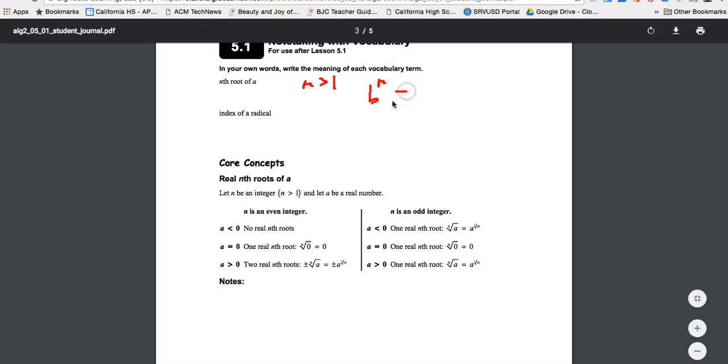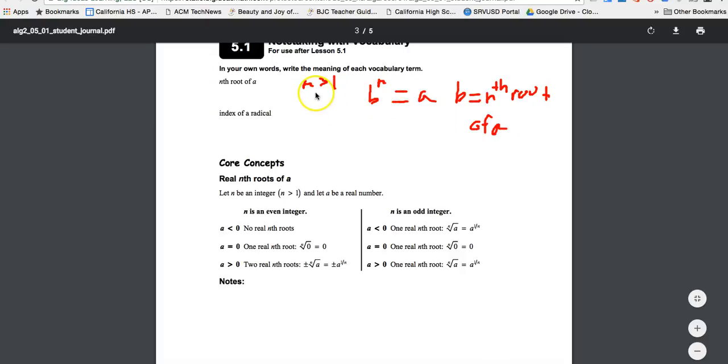If b to the n equals a, then b is the nth root. So b equals the nth root of a. Sorry, it takes a little bit to write this.